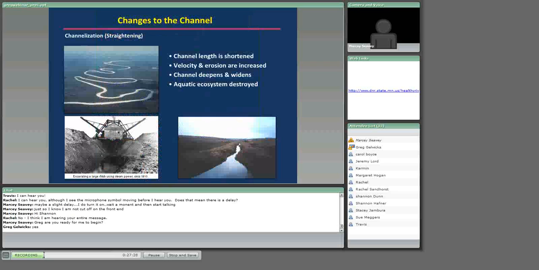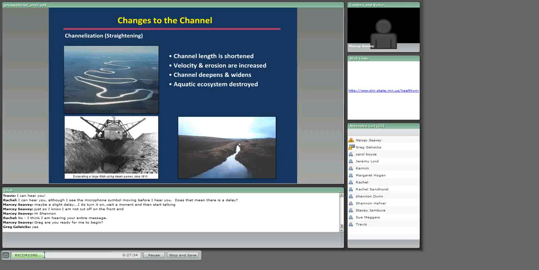Some changes that we've seen to channels in the streams. The most drastic has been channelization, or stream straightening, and this has a devastating impact on streams. It shortens the channel length, which creates higher velocities and increased erosion.